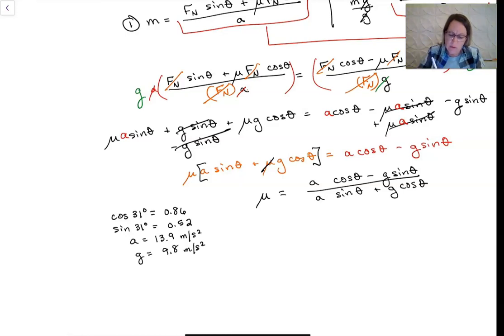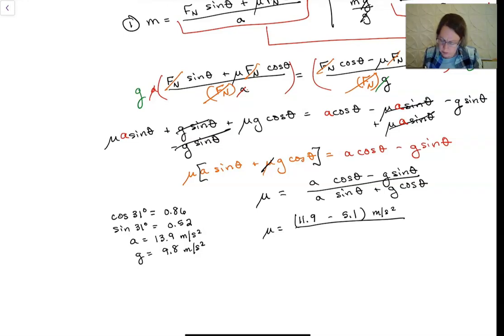And when we put all of those in, I get mu is equal to 11.9 minus 5.1 meters per second squared on the top, all over 7.2 plus 8.4, again meters per second squared. Those cancel as they should for unitless things, and I get a coefficient of friction of about 0.44.